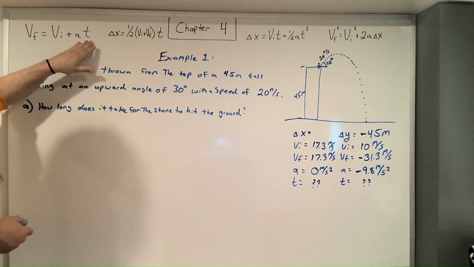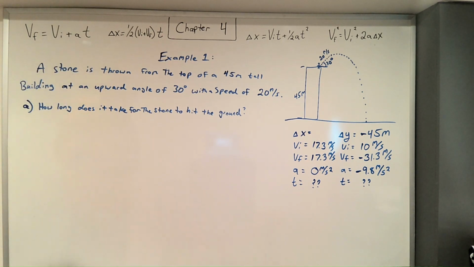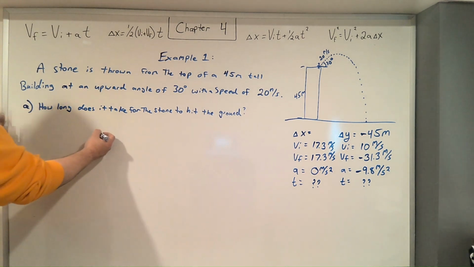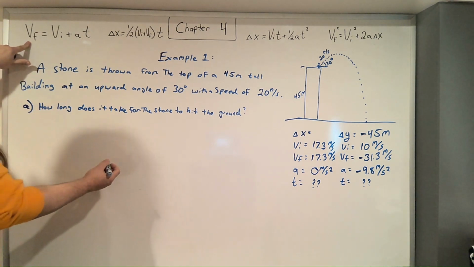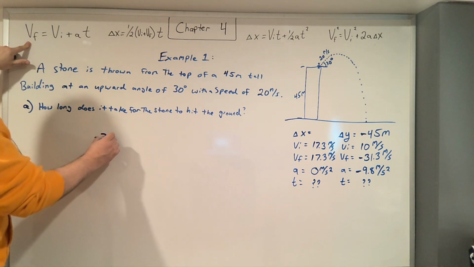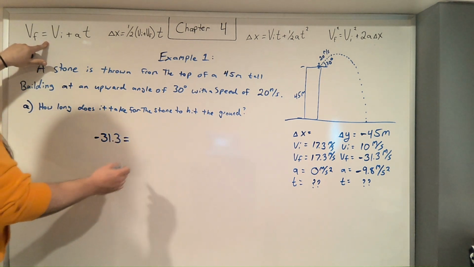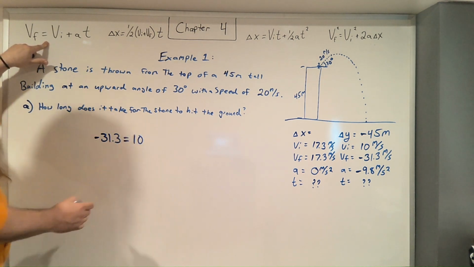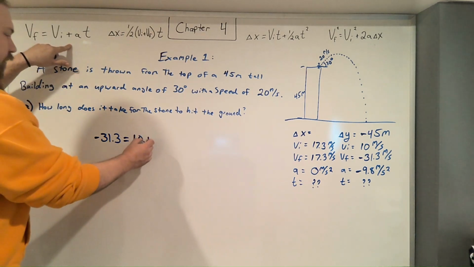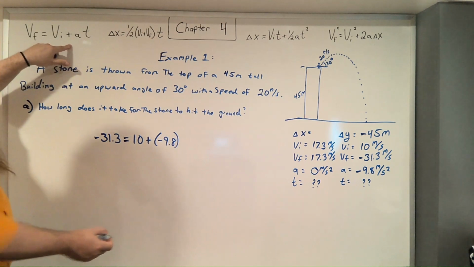It gives me the time, it doesn't care about the position, and it has my two velocities that I now have. So going off of 1, I'd want the final velocity, which we just calculated, negative 31.3, equal to the initial velocity for the y direction, 10, plus its acceleration, negative 9.8, times t.